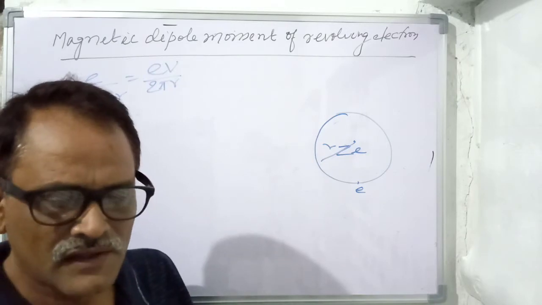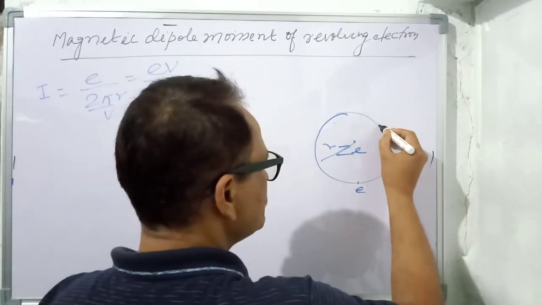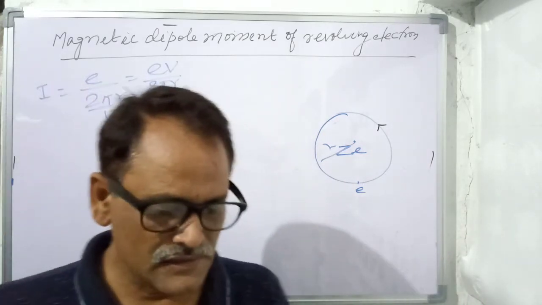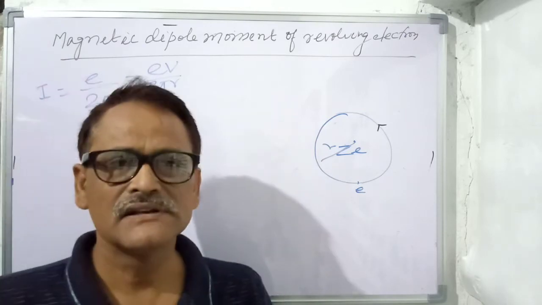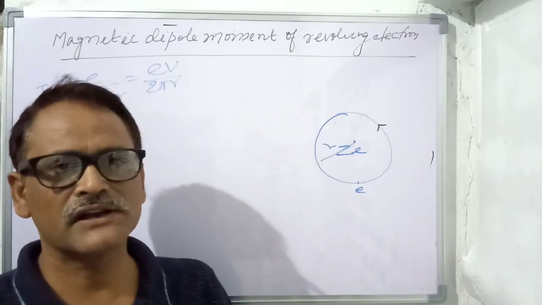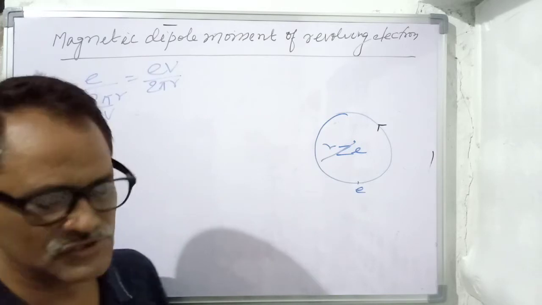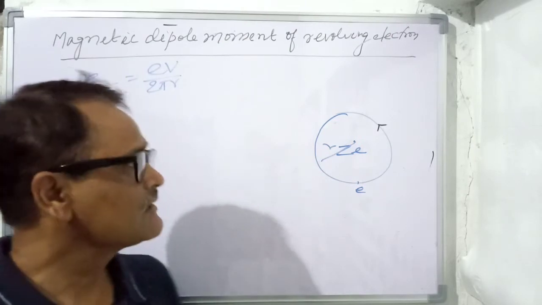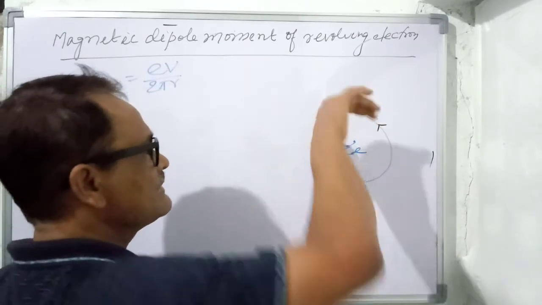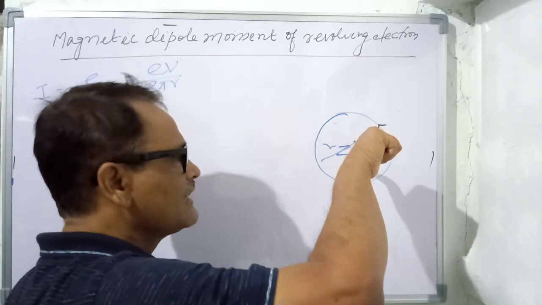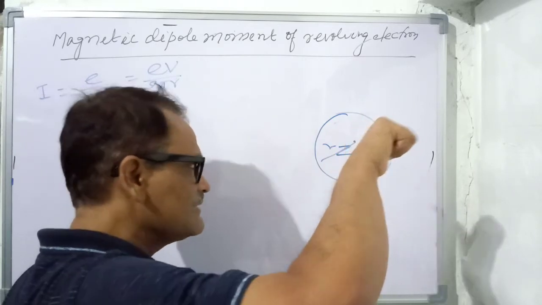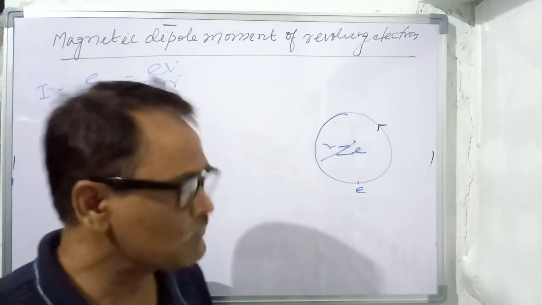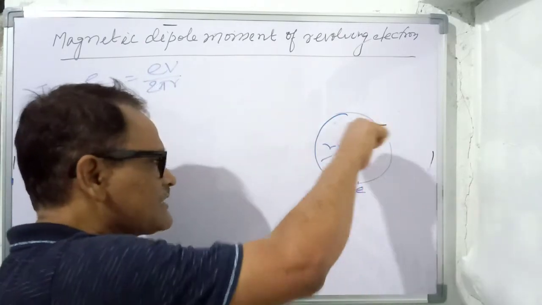Here the electrons are revolving in this way, and the direction of electric current is opposite to the movement of the electron, because the electron is negatively charged. So the direction of the electric current is in this direction, and the area vector is perpendicular, downward to this plane, and hence the dipole moment is along this direction.